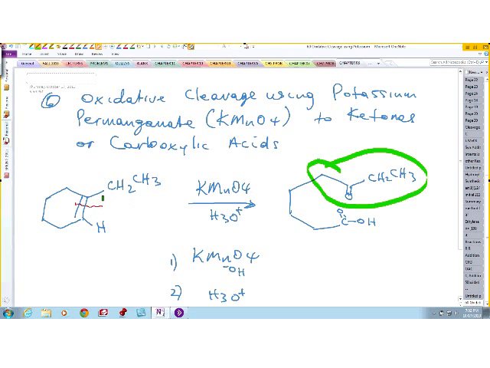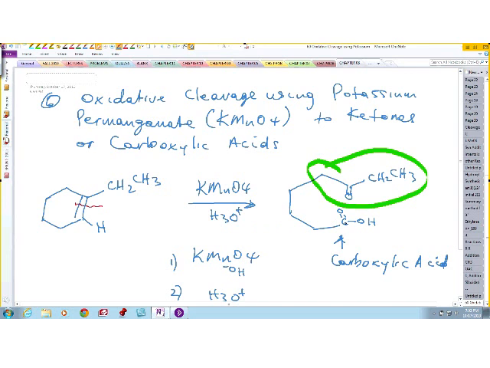Yes. It becomes the carbonyl of a carboxylic acid. This is the carboxylic acid right here, because this carbon here is attached to hydrogen.